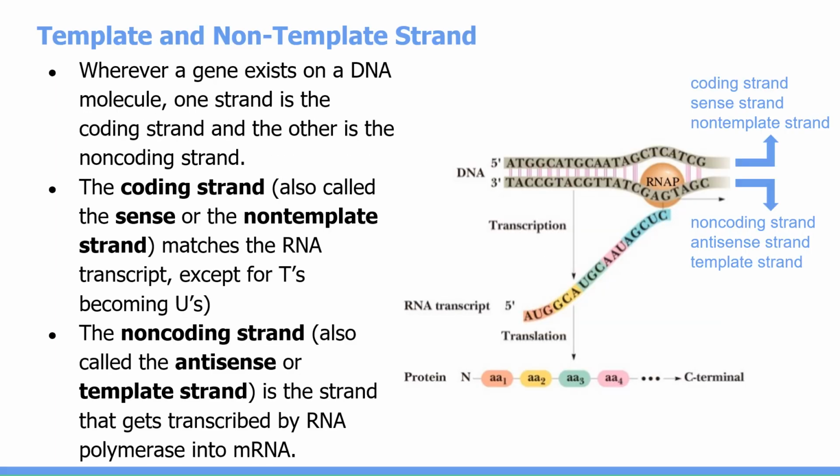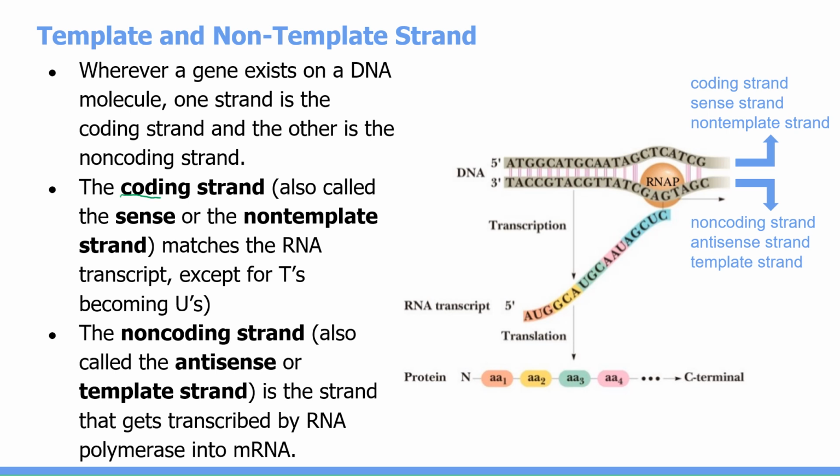Whenever a gene exists on a DNA molecule, one strand is the coding strand and the other is the non-coding. So this concept is a little confusing if we are taking it literally. So let's take a look at the strand type for transcription.